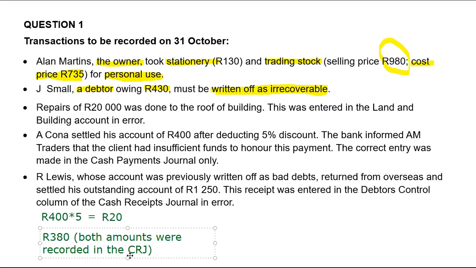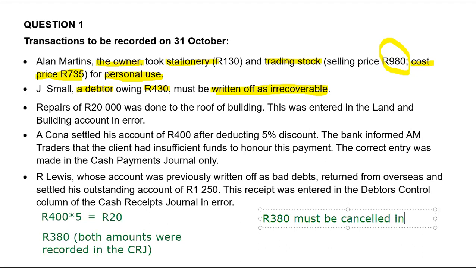However, when the payment is dishonored, the cash amount, which is 380, must be cancelled in the CPJ, of which it was correctly done, right? You were told that it was done, so no need to worry about that.